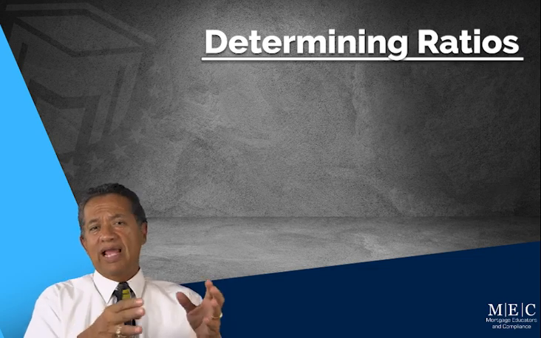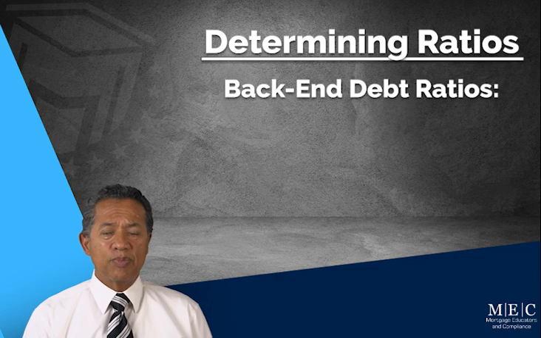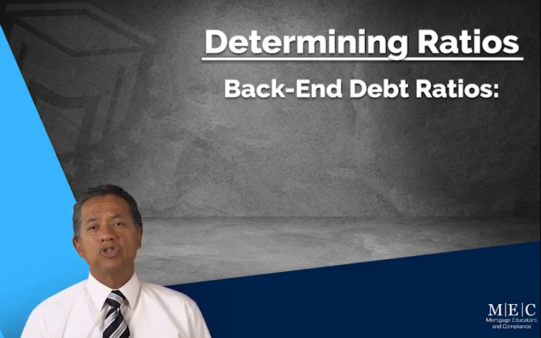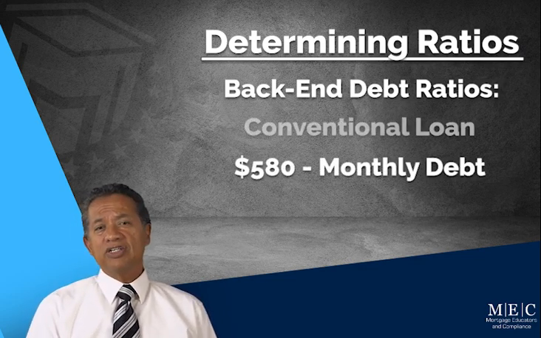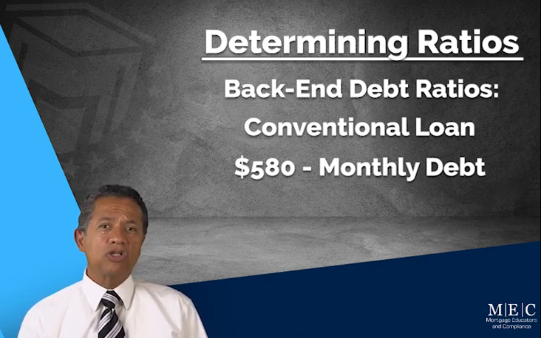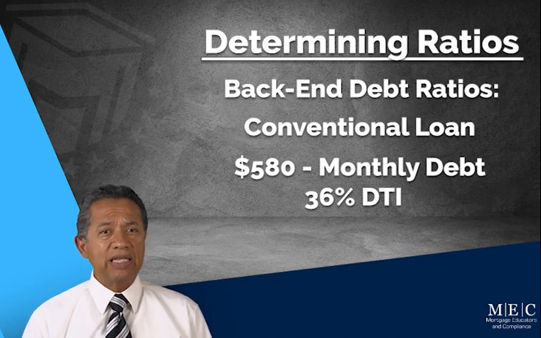So now let's understand the back-end debt ratio, also known as the total debt to income ratio or total DTI ratio. Now again, let's assume that the borrower has $580 in monthly debts. For conventionally underwritten loans, the conforming DTI ratio for back end is 36% of the borrower's gross monthly income.